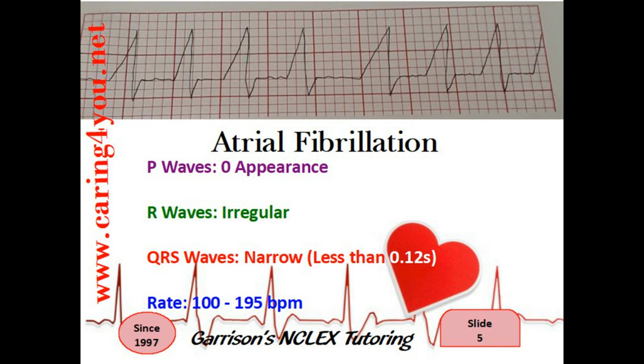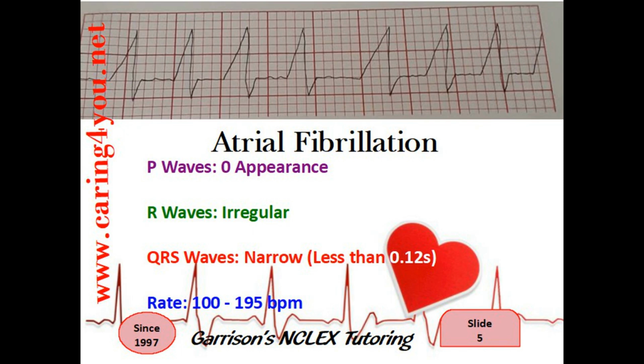Atrial flutter, atrial fibrillation, ventricular tachycardia, ventricular fibrillation, and an actual MI. That's what I'm going to cover here today. And of course you have your asystole, which is a flat line, which won't be that easy. And of course you have your normal sinus rhythm, which will not be that easy.